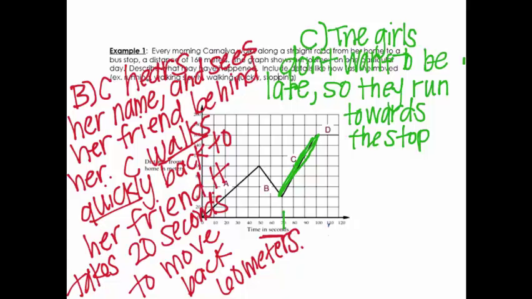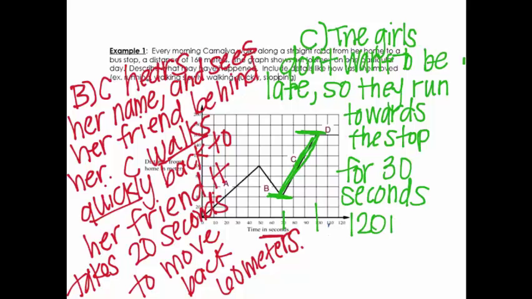And if we look, it takes us from 70 to 100, so I'm going to say for 30 seconds. And we moved here from the 40-meter mark to 160 meters. So they run towards the stop for 30 seconds, and they ended up running 120 meters away. So the girls don't want to be late, so they run towards the stop for 30 seconds, 120 meters away.